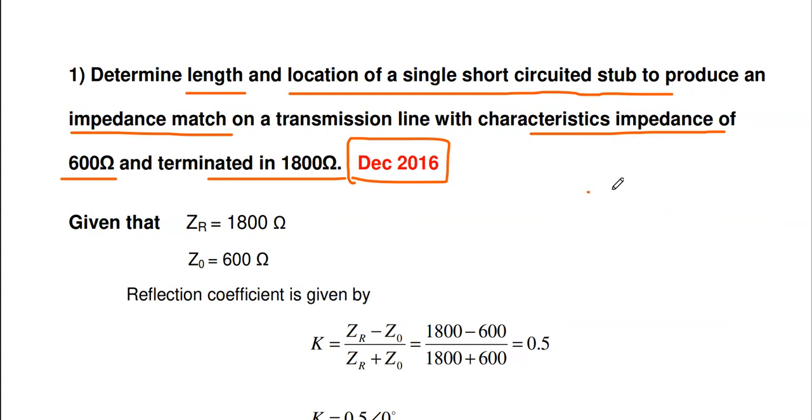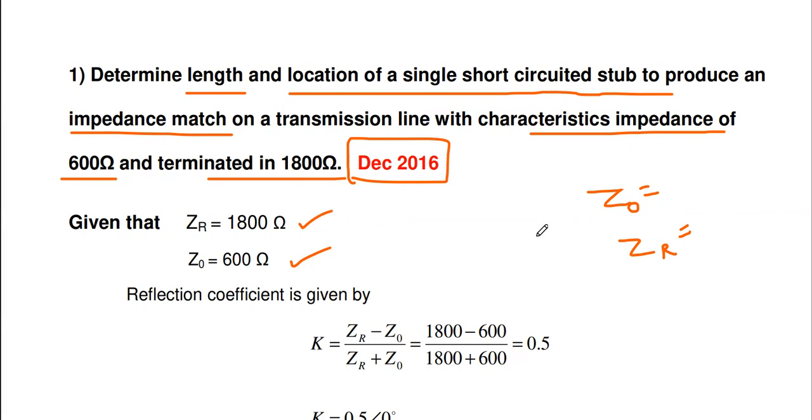One is the characteristic impedance of the transmission line, Z0, and the load resistance. The transmission line is terminated by the load. So here Z0 equal to 600 ohm, and it is terminated with a 1800 ohm resistor. So 1800 is nothing but the load. These two data are given.